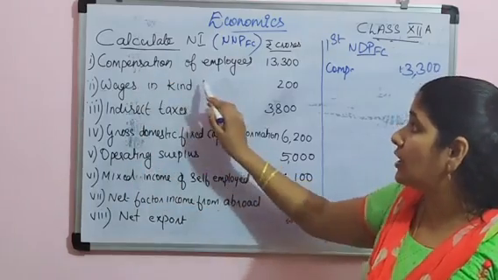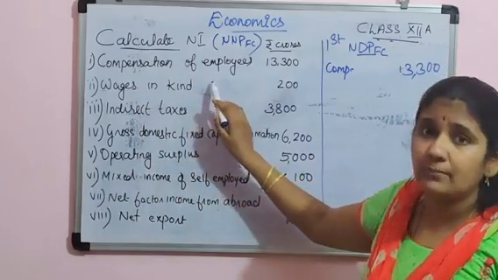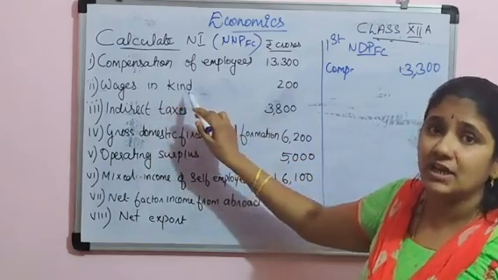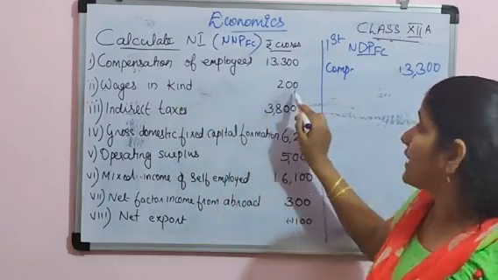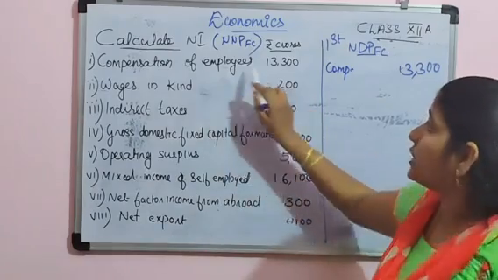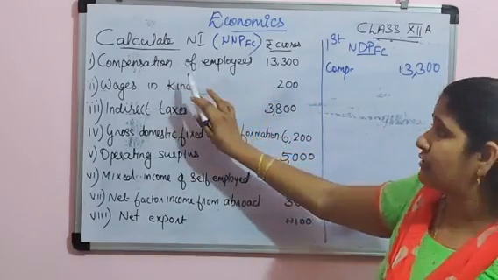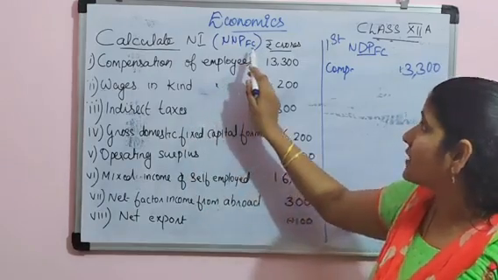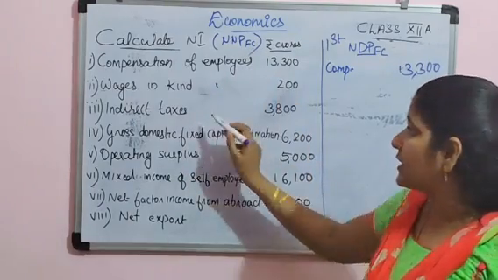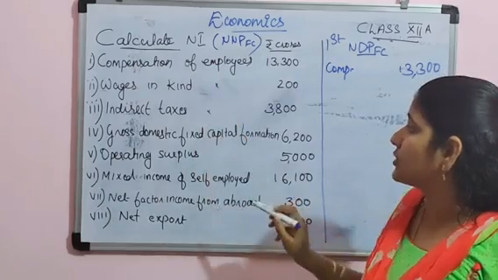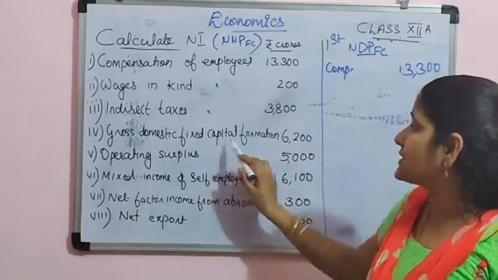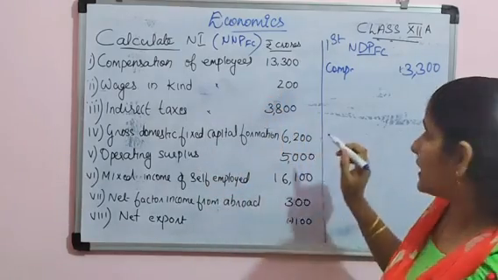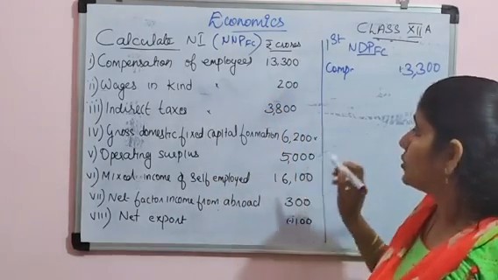As we have already written compensation of employees, no need of writing wages in kind, because it is already included. Indirect taxes, here we are using factor cost only, so right now it is not required. Gross domestic fixed capital formation is also not a part of this, so not required.